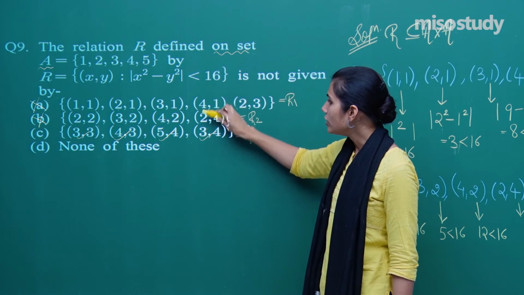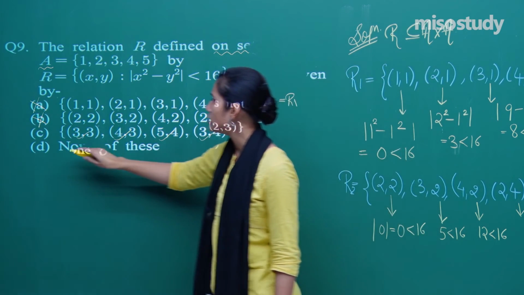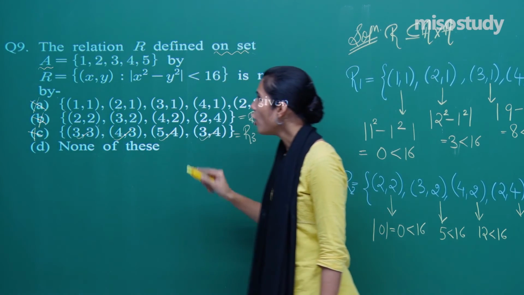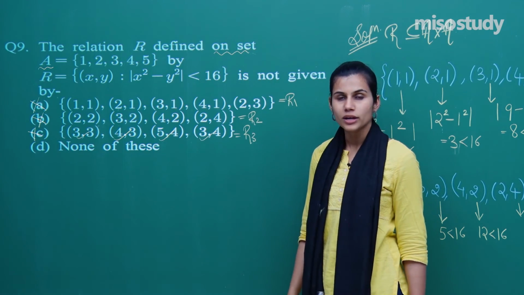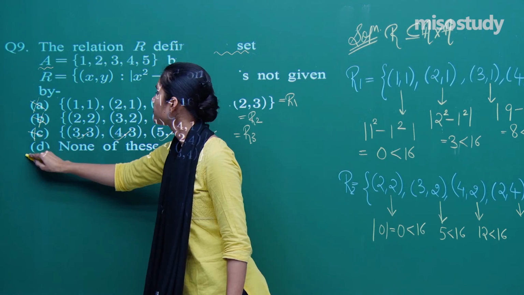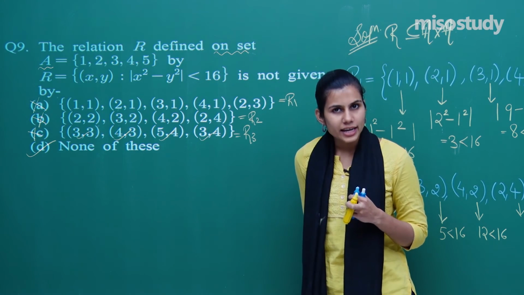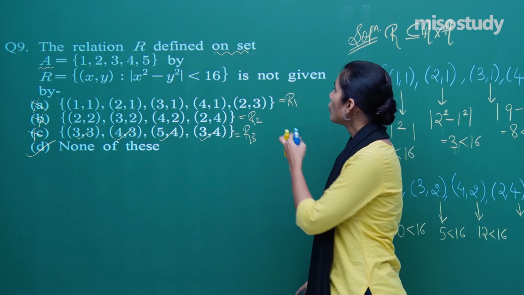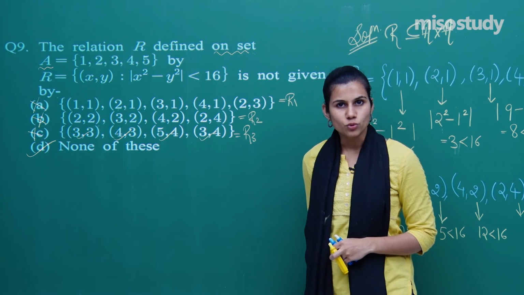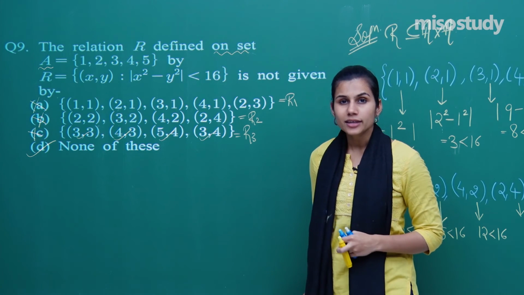And so among all these three relations, none of them are formed by not following this rule. And so the answer is none of these. None of the above relations are formed without satisfying this rule. That is what should have been the correct answer.